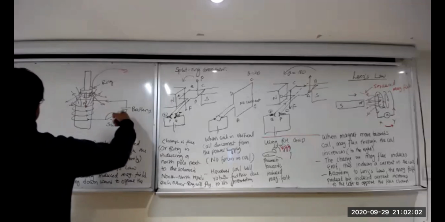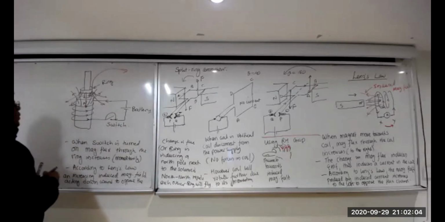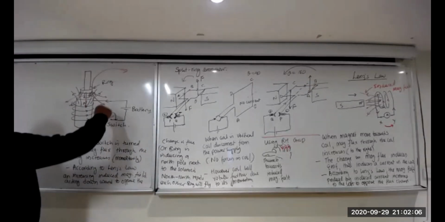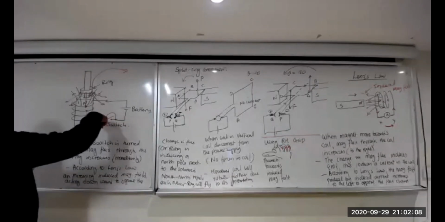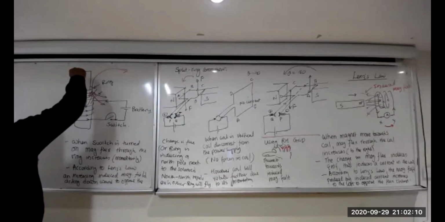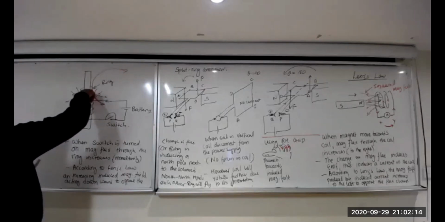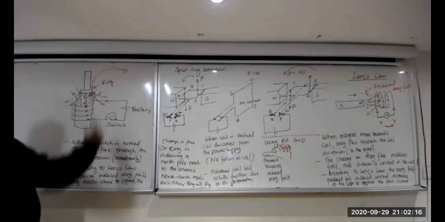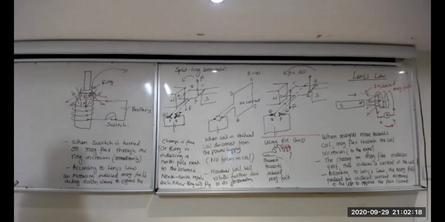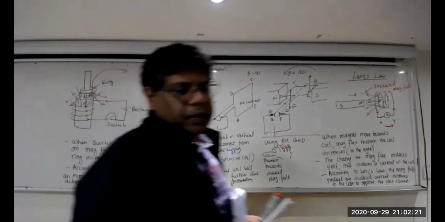Because if you keep it on too long, the flux becomes constant. Soon after you turn the switch on, the flux stops increasing. At this moment, suddenly the ring will fly away. Okay.